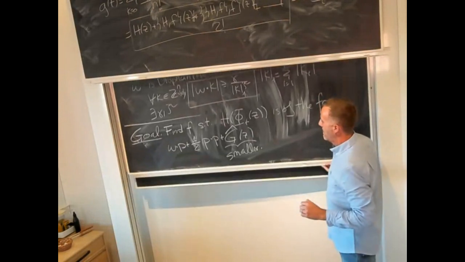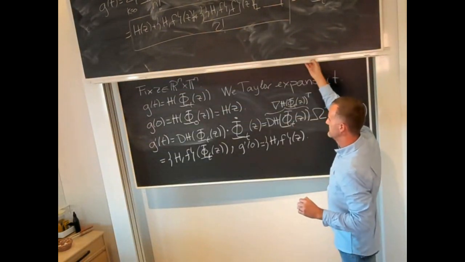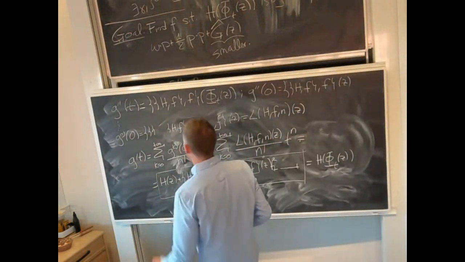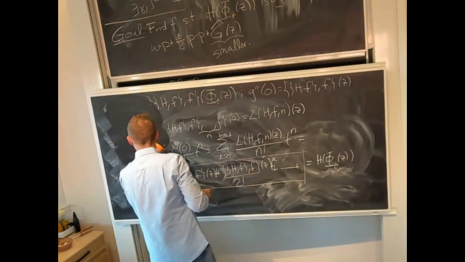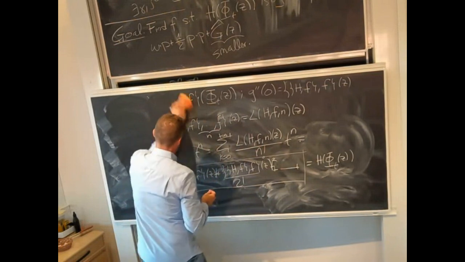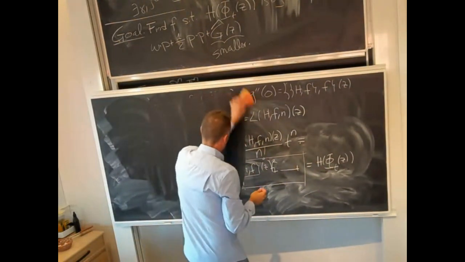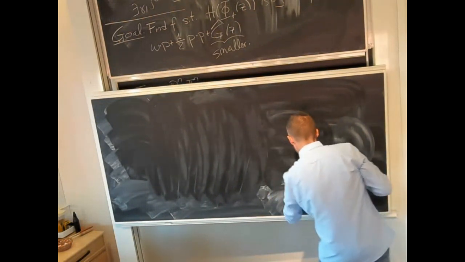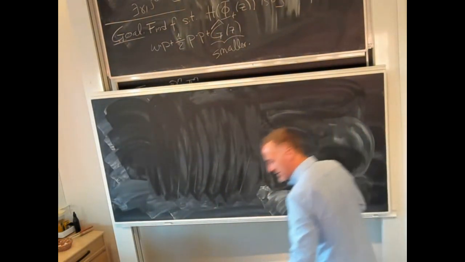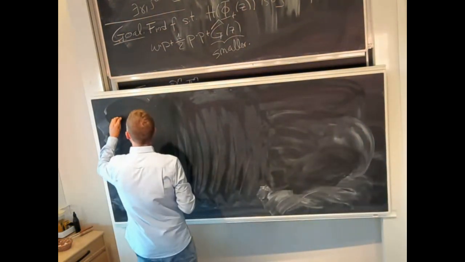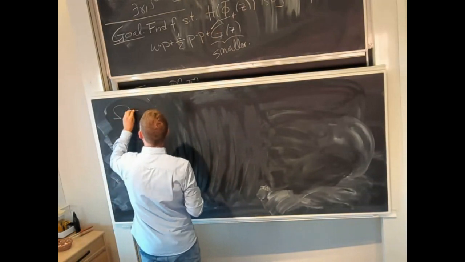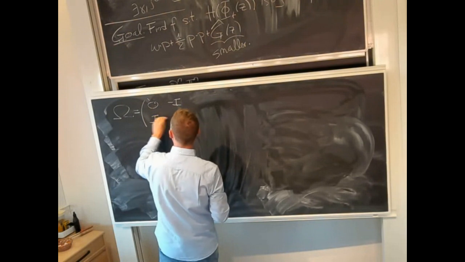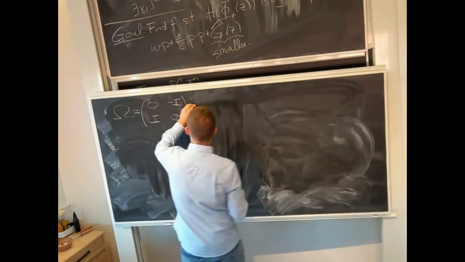For doing this computation, I will use omega is [0, identity; minus identity, 0].